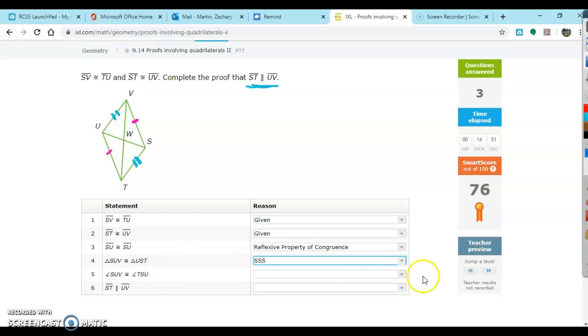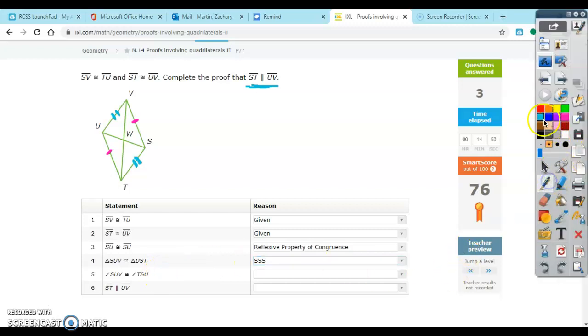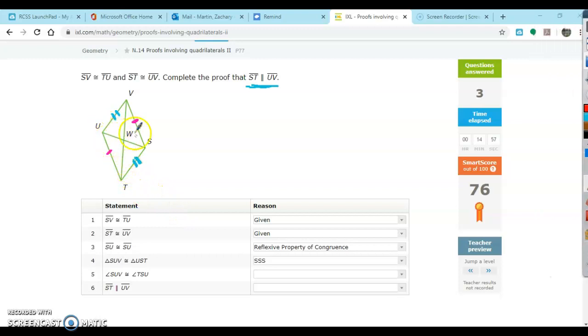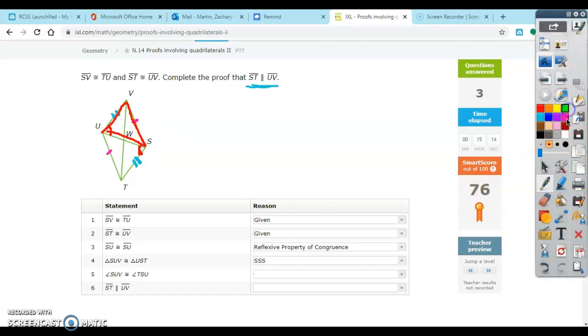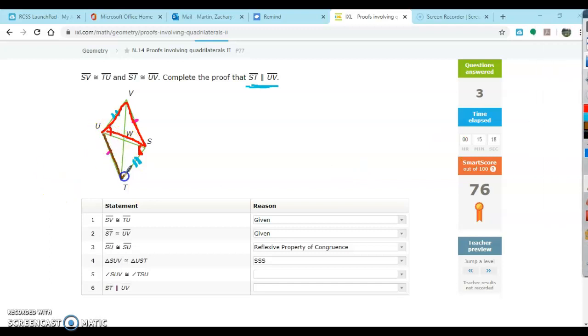Now, because I've proven these triangles to be congruent using the side, side, side congruence theorem, I can say that angle SUV, right here, is congruent to angle TSU. These are congruent. Why is that the case? Because this overarching triangle is congruent to this triangle right here.